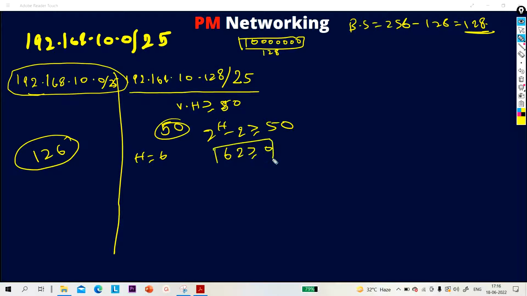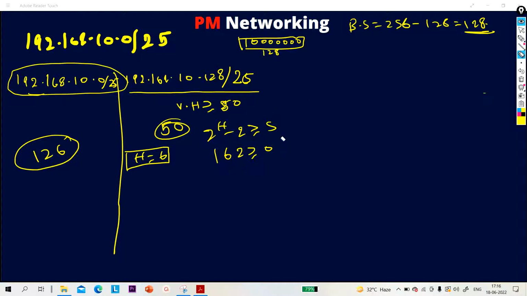Your requirement is fulfilled, right? So the host bits should be 6 for 50 users. If there are 6 host bits in the 32 bits of an IP address, how many network bits are there? 26. So here we need to put /26.